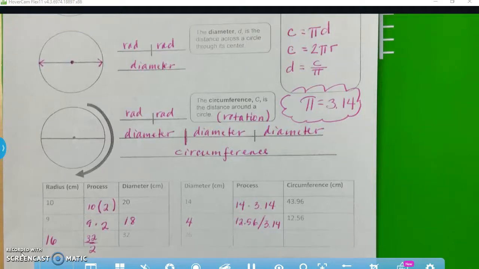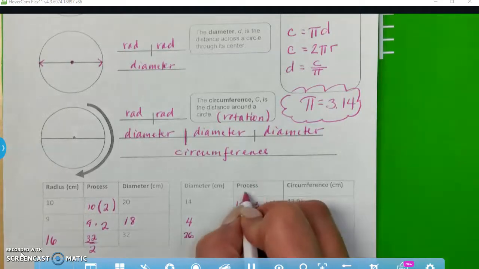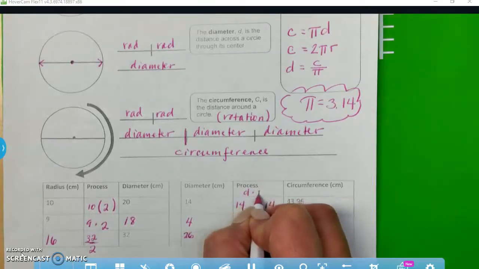All right, and our last example. We have 26 centimeters as our diameter. We need to find circumference. So 26 times 3.14, our pi. It's our diameter times pi.